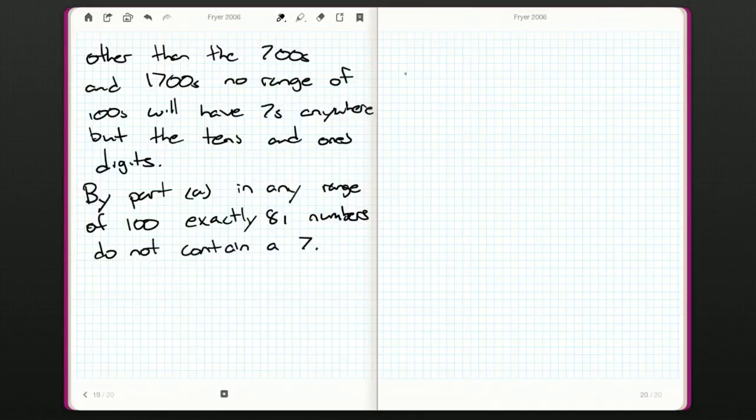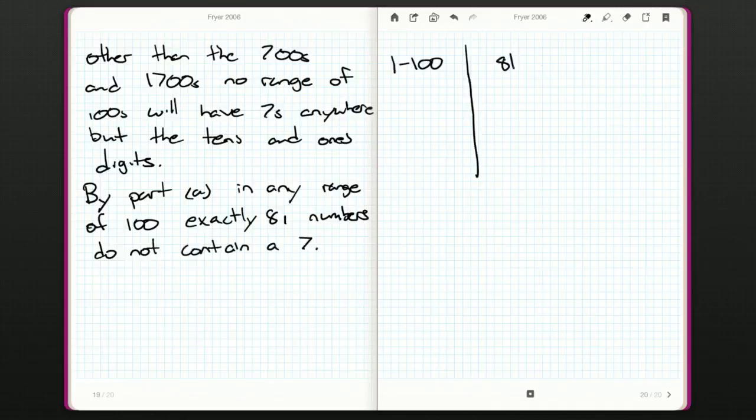Okay. So 1 to 100, 81 numbers. 101 to 200, we can say 81 numbers don't contain a 7. None of the leading ones are going to cause us any problems, so it's still up to the 10s and the 1s digits.